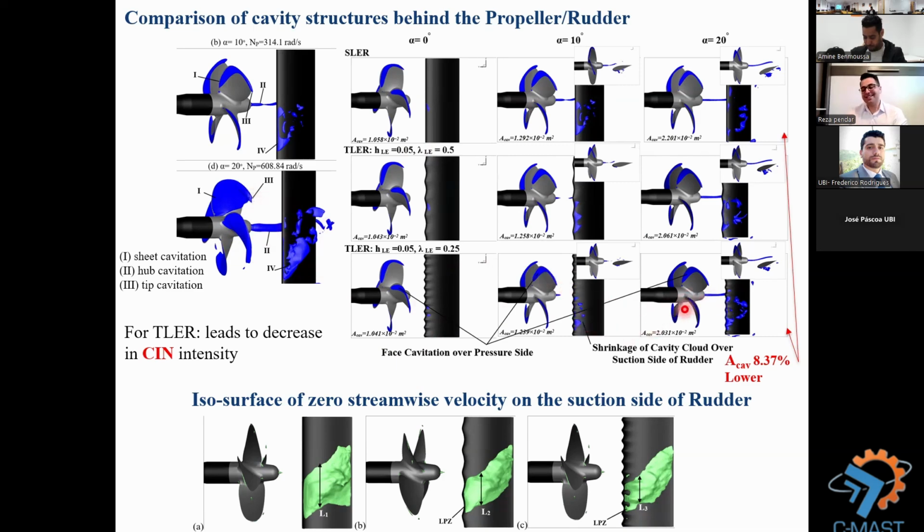Using the tubercle rudders, leading edge rudders, diminishes the cavity over the surface of the rudder, as you can see here, and it can be useful in decreasing the cavitation generated over the surface of the rudder also.